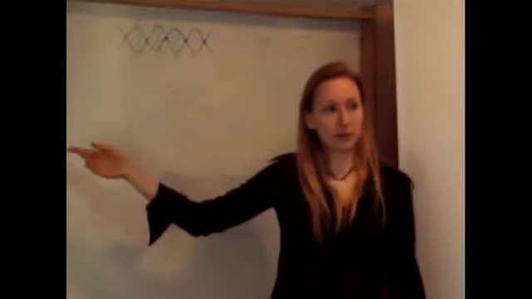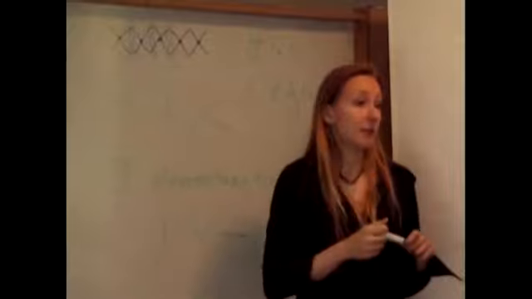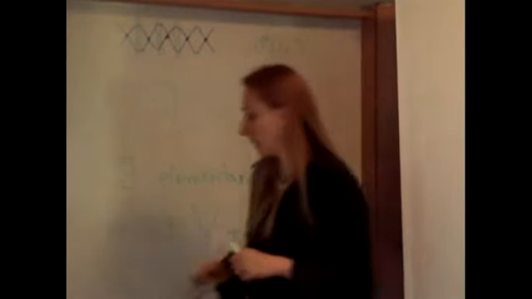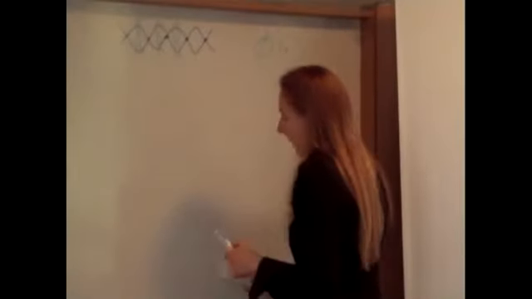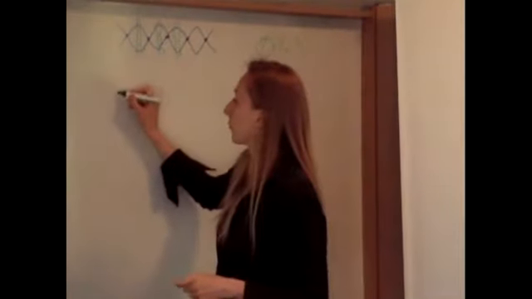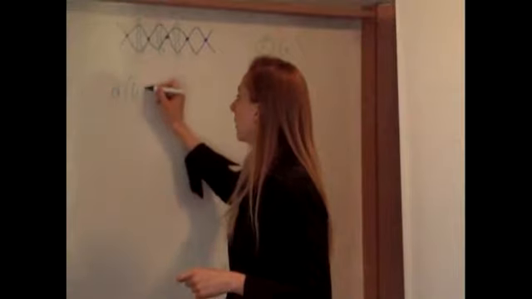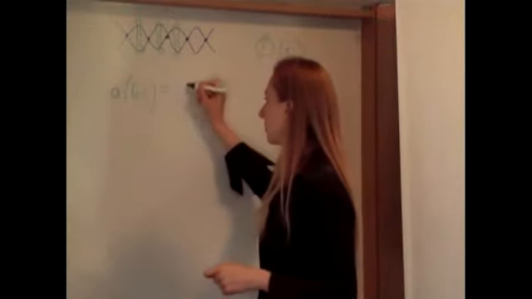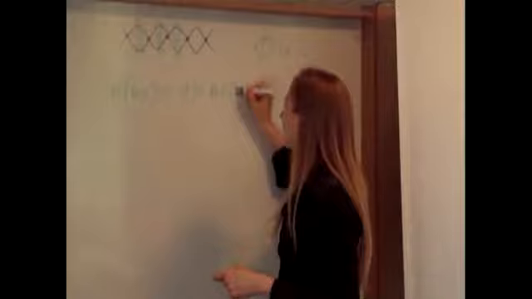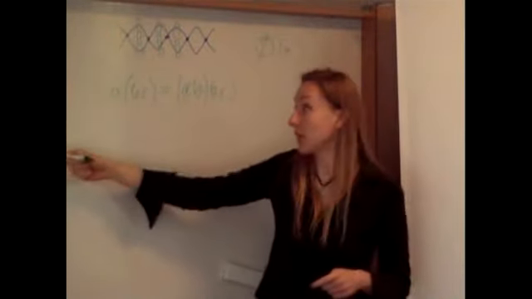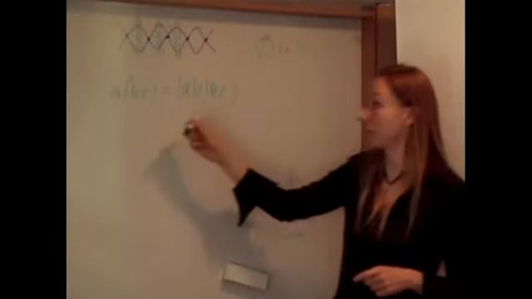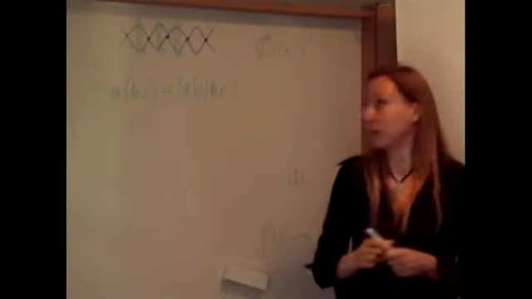Well, it turns out that this algebra is left distributive. So if A, B, and C are elements in AJ, this is what we have. Left distributivity.